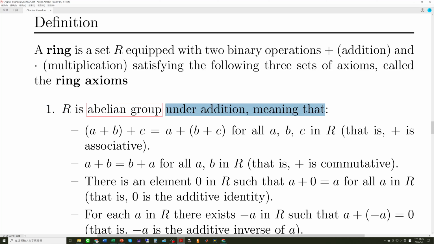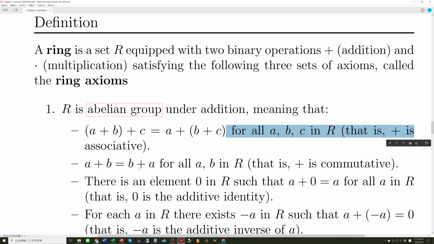Under addition, meaning that, first, (A plus B) plus C is equal to A plus (B plus C) for all A, B, C in R. That is, plus is associative.